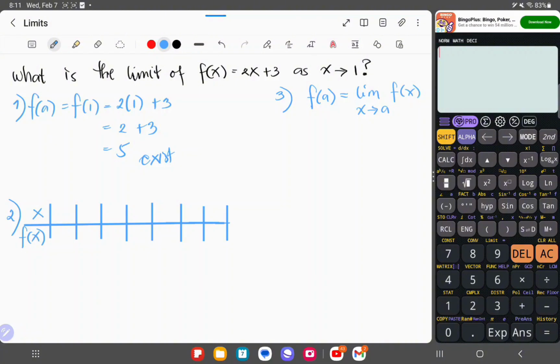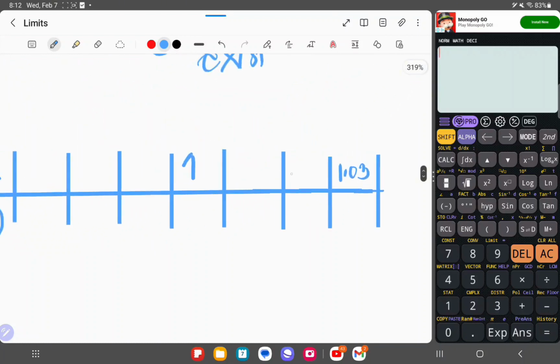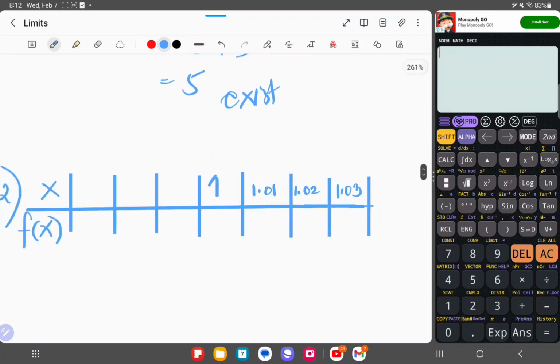For the second condition, we have to determine the limit of the given function as x approaches 1. We know that x is approaching 1 and that the numbers from the right side approaching 1 are 1.03, 1.02, and 1.01.